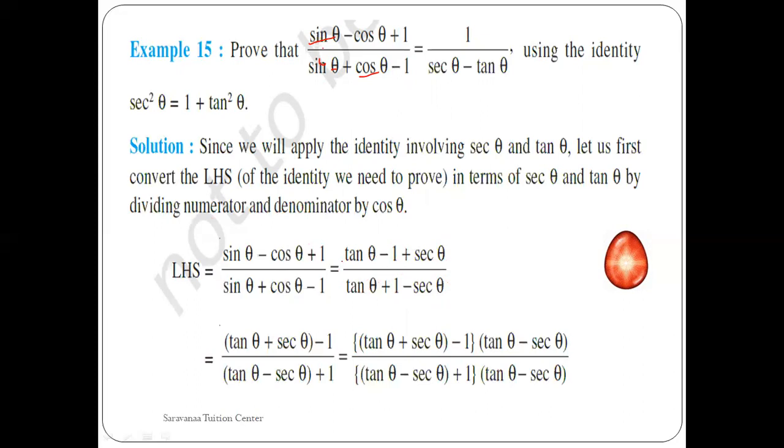Now you need to split this area. Okay. You need to multiply tan theta minus secant theta, both the numerator and denominator, and then you need to take tan theta minus secant theta into tan theta plus secant theta minus 1, that too only in numerator or only in denominator, not in both the things.